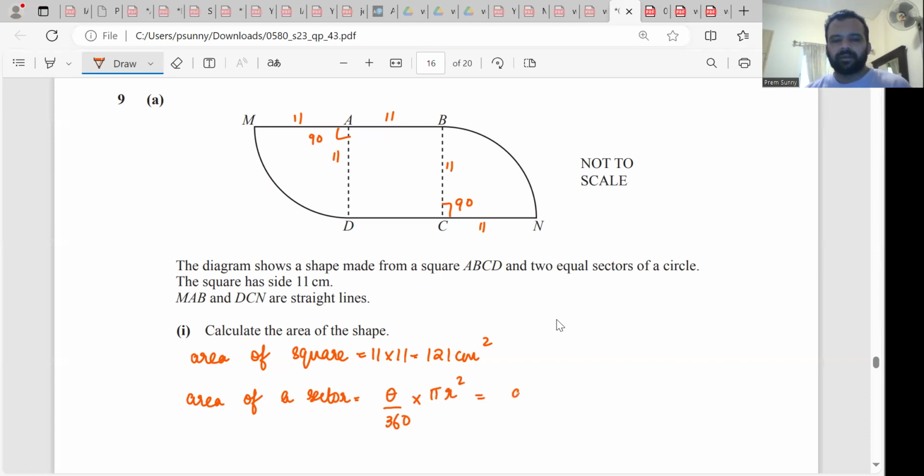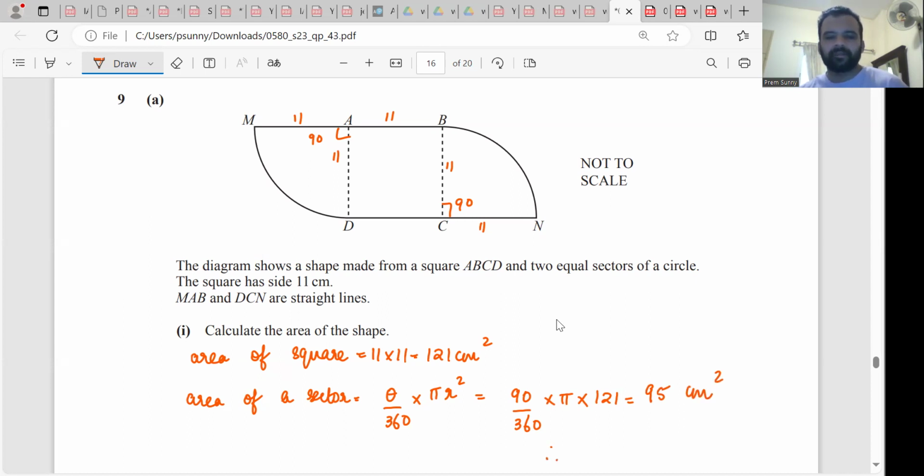Theta is 90. 90 divided by 360 into pi into r. Radius of the sector is 11. 11 square is 121. When you put 90 into pi into 121 divided by 360 in the calculator, you will get the answer as 95.03. I'll take it as 95 centimeter square.